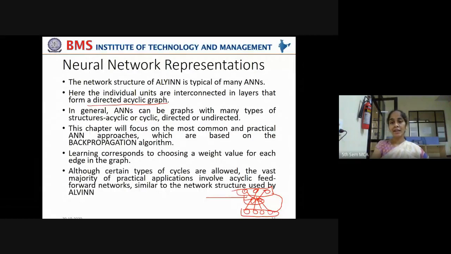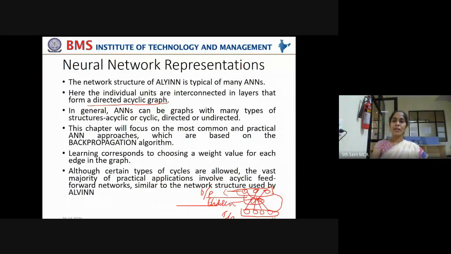Why do we call it directed? All the input is given to the hidden layer, and all the output of the hidden layer is given as input to the output layer. This is the input layer. Now all the input layers give input to hidden layers. This is the hidden layer, and all the output of the hidden layer is taken as input to the output layer, which further gives the result.